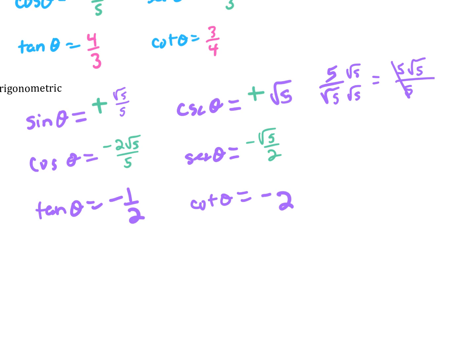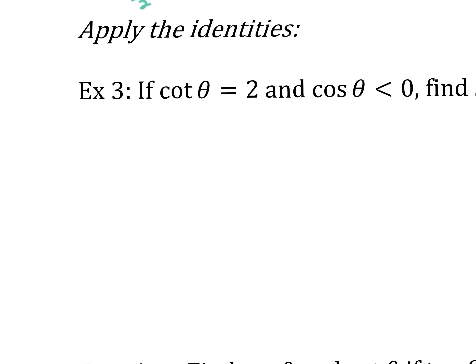All right, I'm trying to decide if we're gonna look at example 3 or that practice problem next, because we're only gonna do one of them. Okay, let's look at example 3.